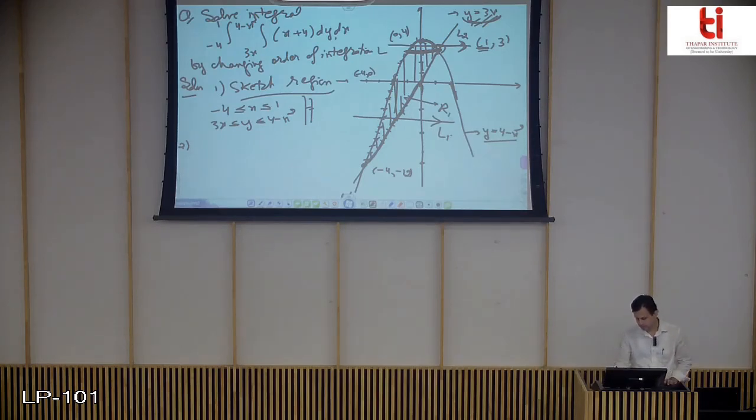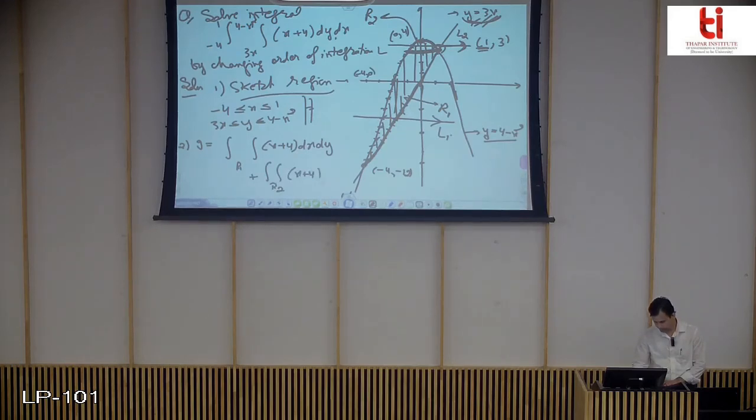So this is region R1 and this is region R2. So I now becomes the integral of x plus 4 dx dy over region R1, and then over region R2, x plus 4 dx dy.